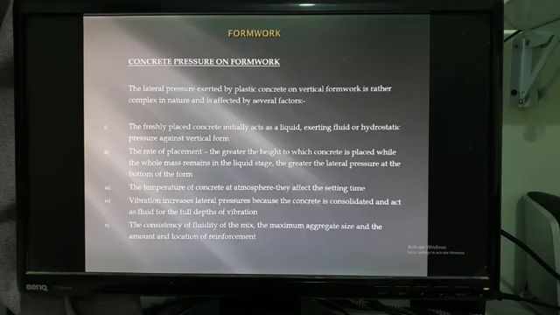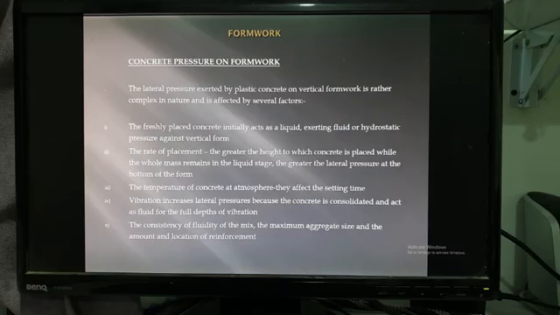So the pressure that acts upon a formwork, the concrete pressure, depends on, well, we know that the concrete basically starts as not liquid per se, it's plastic. So it puts a lot of hydrostatic pressure upon the surface of the formwork.